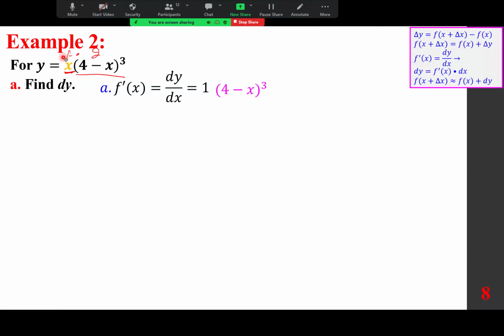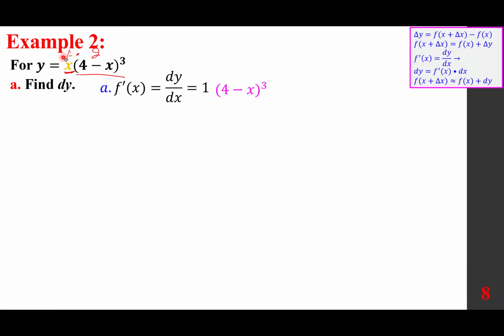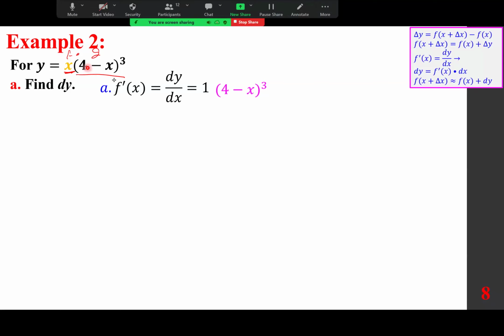So plus g prime, the derivative of the second piece is 3 times 4 minus x squared times negative 1 by the chain rule, and then times x.